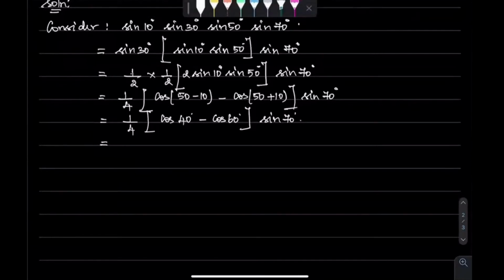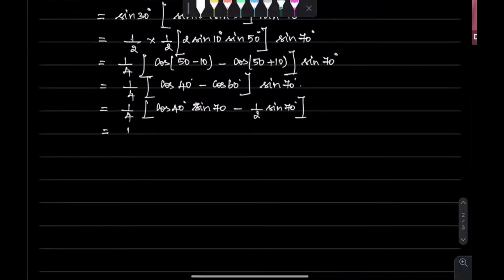Can I put the values in? So I get, yes, 1 by 4 times of cos 40 into sine 70 minus cos 60 is 1 by 2, 1 by 2 into sine 70. Make sense?